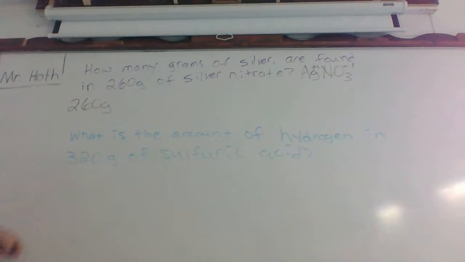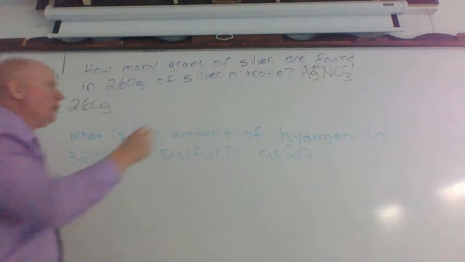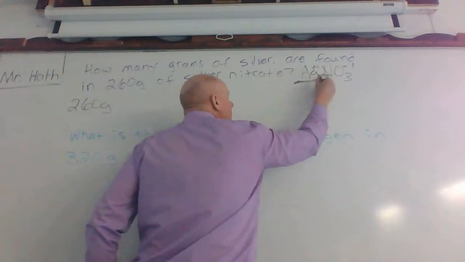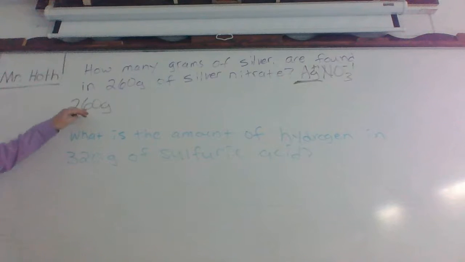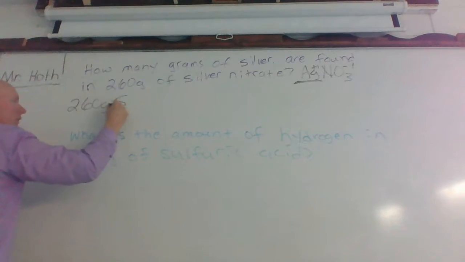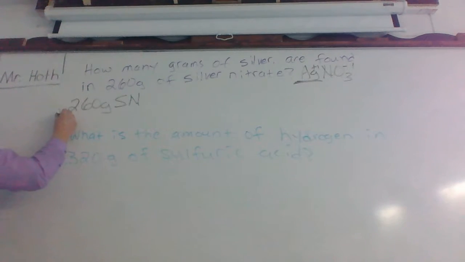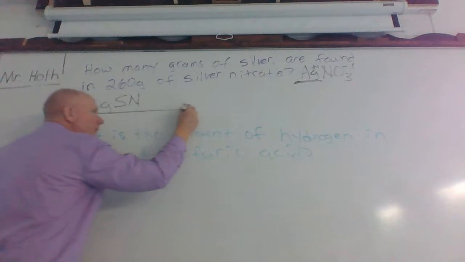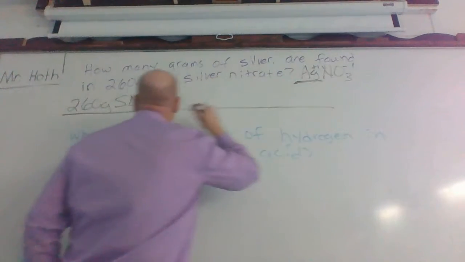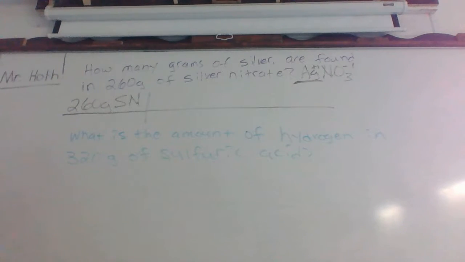Okay? So how many grams of silver, so just of this substance, are found in 260 grams of this entire compound of silver nitrate? Okay? So we've got 260 grams of silver nitrate. Or if you just want to write AgNO3, that's fine. So how do we get this grams of silver nitrate to cancel in our next step?